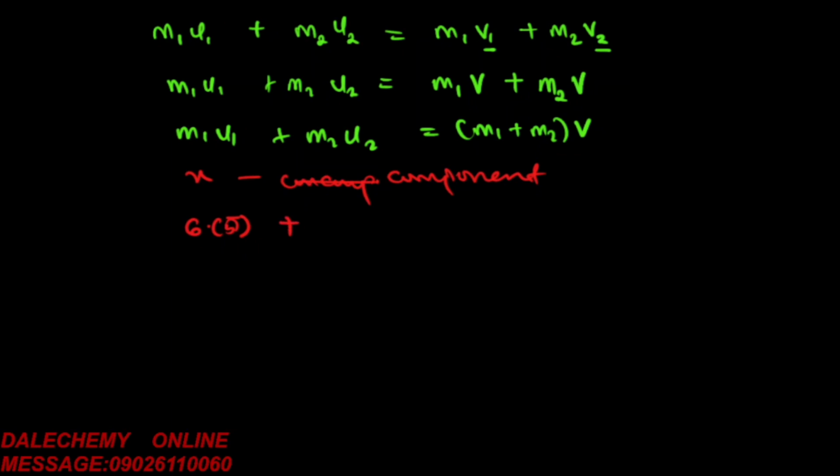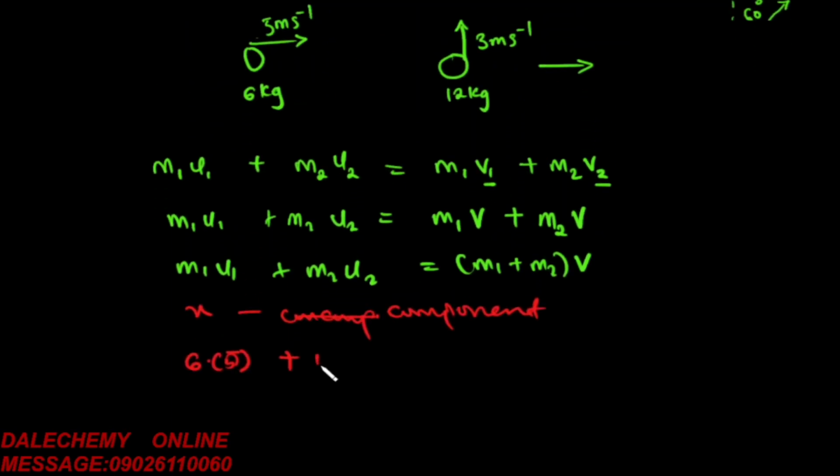plus m2 is 12 kg. Now in this direction, that is in x direction, it doesn't have any velocity. It's actually moving up. So the velocity will be 0 equal m1 is 6 plus m2 is 12 times the common velocity. So this will become 30 equal 18v.